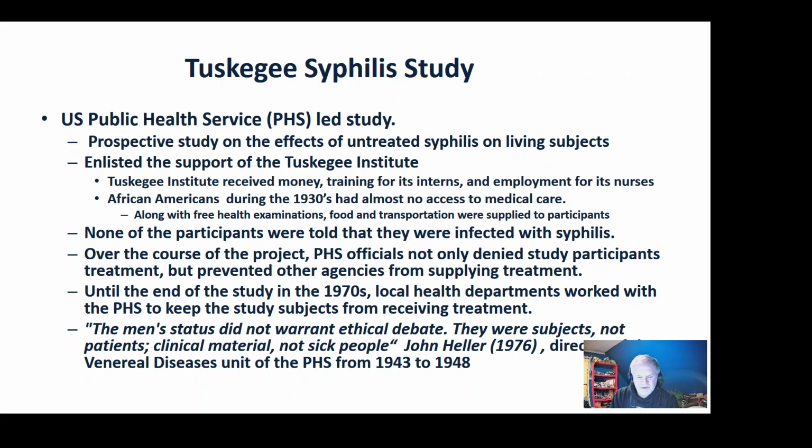Obviously, the individuals would develop symptoms associated with syphilis. They would go to a clinic or a doctor's office or a nurse, and the nurse and medical staff were purposely told not to divulge to them that they actually had syphilis. So they were observed for the effects upon their health of being syphilitic.